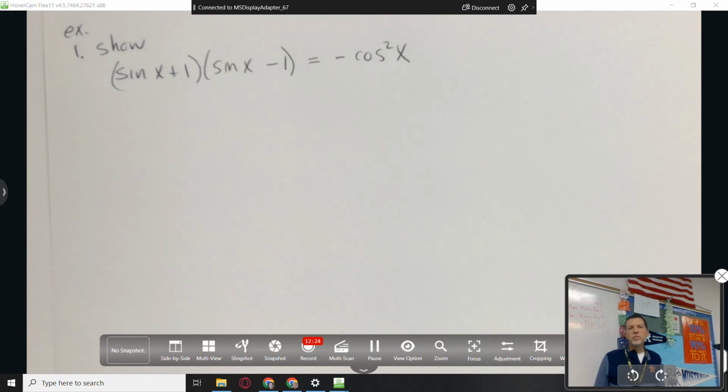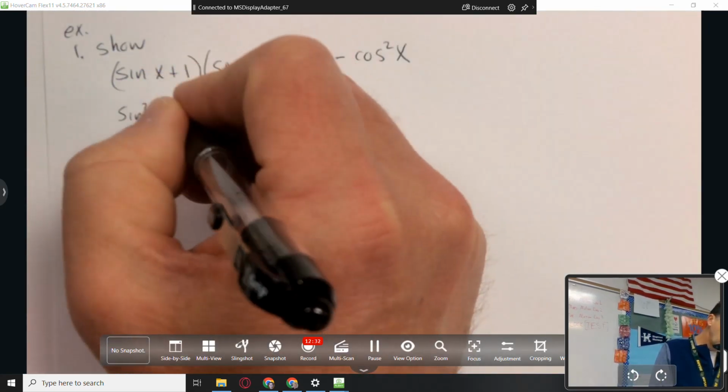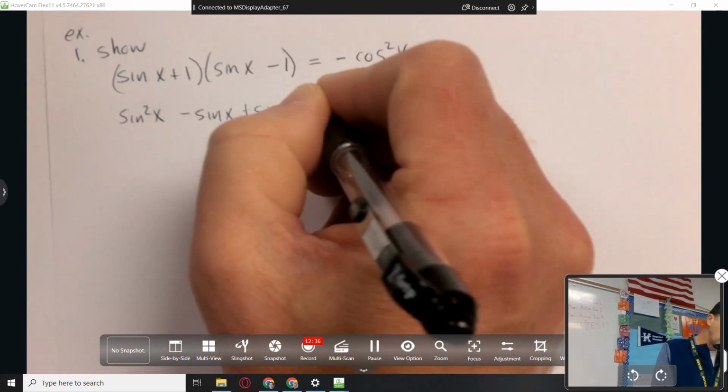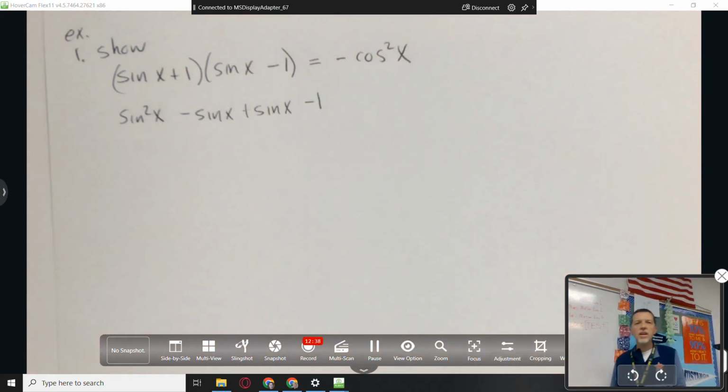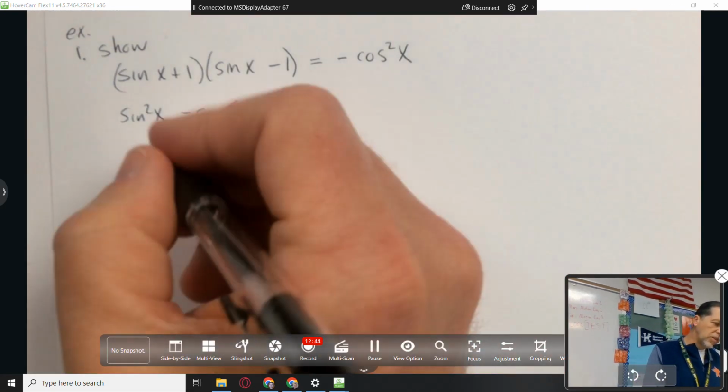Well, what do you think we should do with the left-hand side there? Let's FOIL it. So sine squared minus sine of x plus sine of x minus 1. Well, as always, when we FOIL conjugates, the middle stuff goes away.